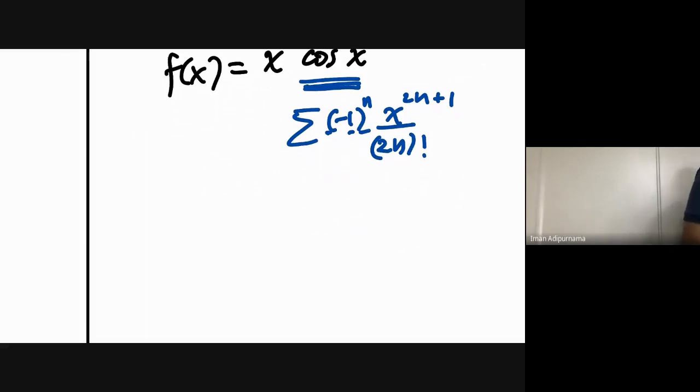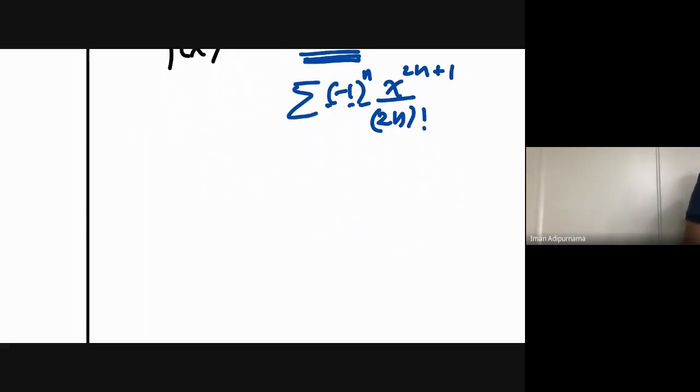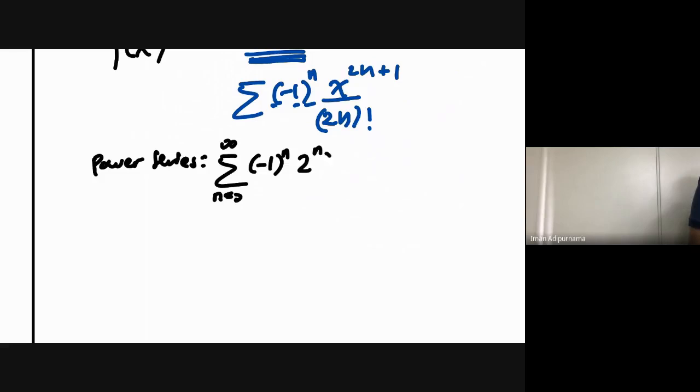And also you can do the reverse. Okay, so for example, if you have a power series, if you know this power series, what this could be, now you can also try to relate with our 6 functions.